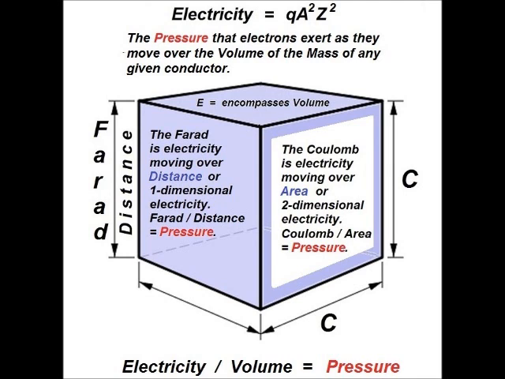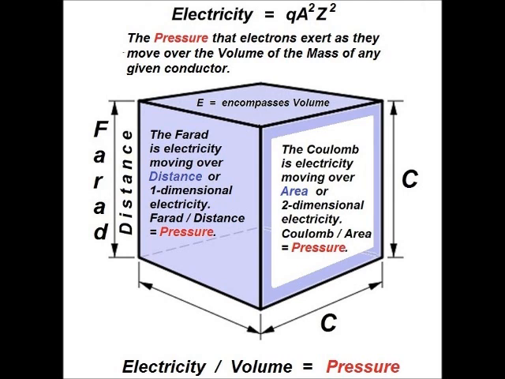At that same time, flowing only over one side of the cube, the electricity is in the form of the Coulomb, or QA. And we can also see that QA divided by the area of that side gives us electrical pressure.